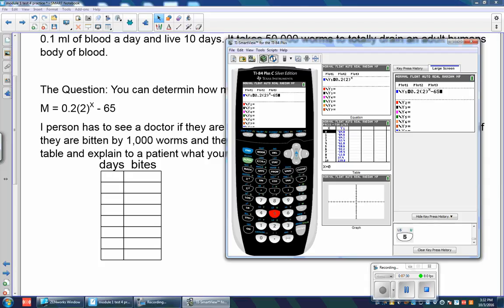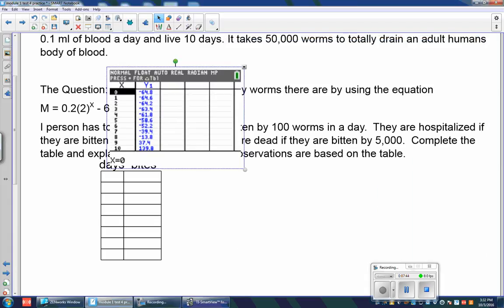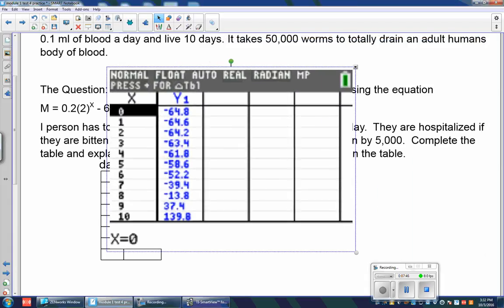To get a table, I look for the word table, so I hit second graph because the word table is in blue up there. Now you'll notice that this is a bad table to use because it starts off with negative and it does not get up to 5,000. We have to get up to 5,000.